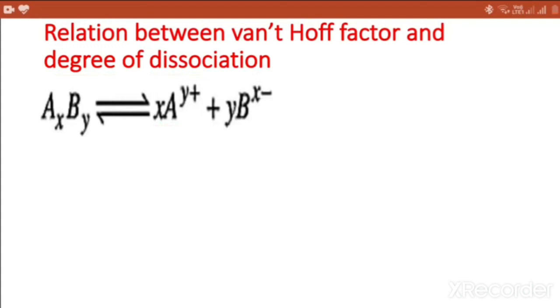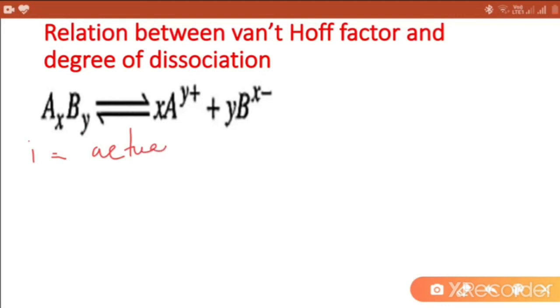And the Van't Hoff factor i is equal to actual moles of particles in solution after dissociation divided by moles of formula units dissolved in solution.